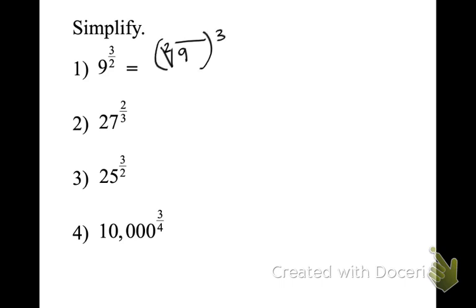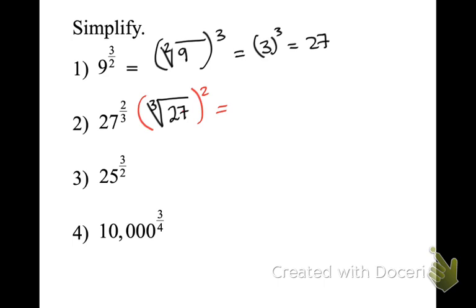So that would be 3, and that 3 is cubed, so that's 27. Okay, the next one, I'm doing a cube root of 27, and then the whole thing is squared. I'd much rather square afterwards than square under the radical. It will still work out. So the cube root of 27 is a 3, and then it has to be squared, and that makes 9.